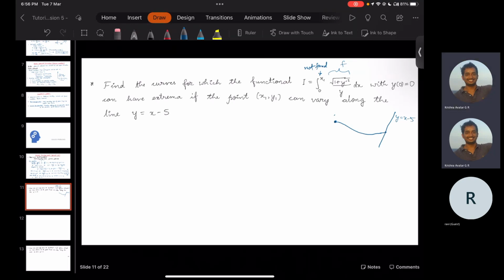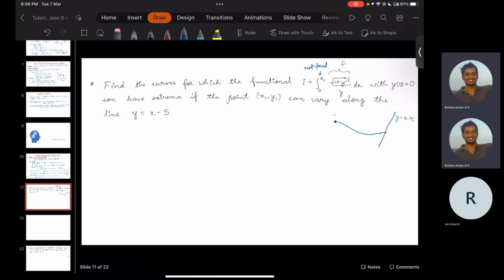Okay, let me first jot down the integrand of the functional. So f of x, y prime is nothing but root over 1 plus y prime square divided by y. Very clearly this function doesn't contain x, so it's independent of x. So we can just use our Beltrami identity.